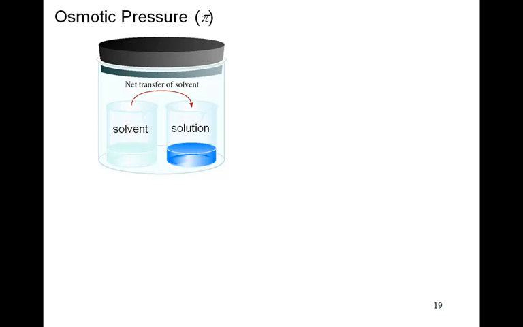Remember, on the left-hand side, since the solvent doesn't contain any solute, it's of higher vapor pressure. And on the other side, the solution has a lower vapor pressure because it contains more solute.